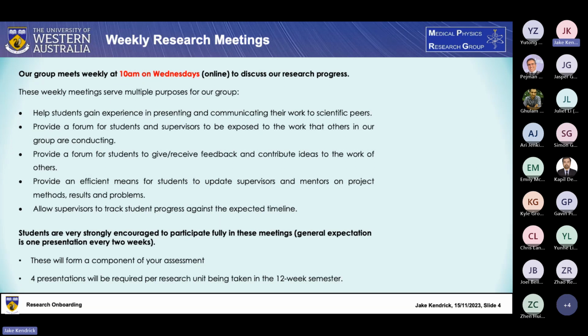It doesn't really make much sense for us all to be contained within our own little silos. It's important that we understand what work is happening by other researchers in our group. Also, it provides a way for students to give and receive feedback and contribute ideas to the work of others. This is another really important skill that you should be developing throughout your postgraduate studies.